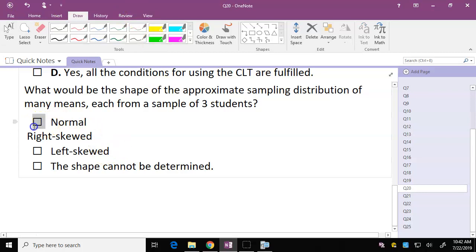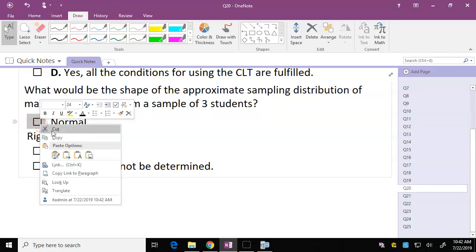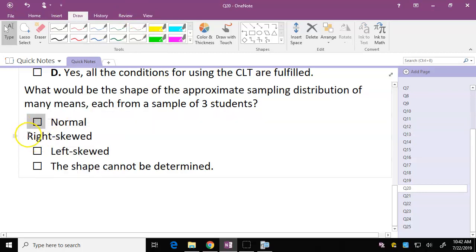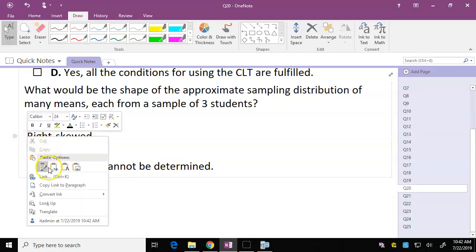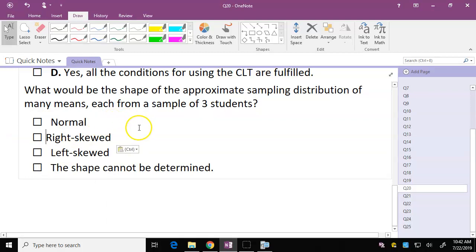Will it be normal, right skewed, left skewed, or the shape cannot be determined? Oh, they're just written together. It's all right. There we go.